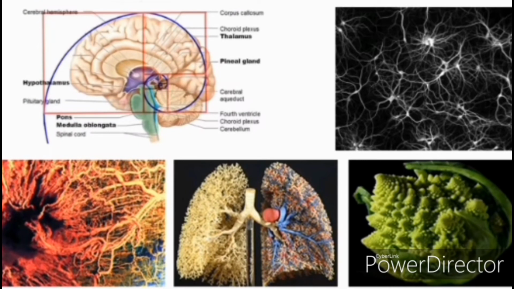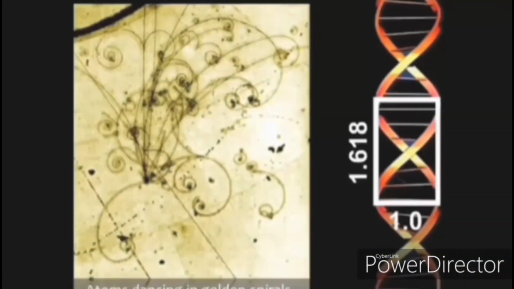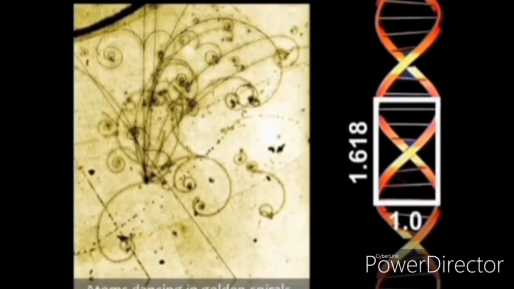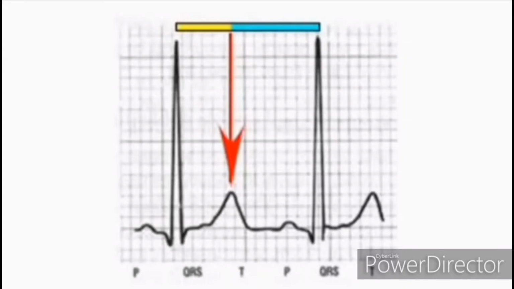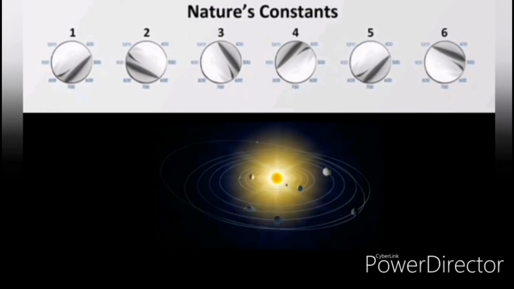Scientists have discovered that the golden ratio pattern is necessary for the human brain, the neural system, our sense organs, and our lung system. The golden ratio sequence is even in the helix of our DNA, and it forms the very rhythm of our heartbeat pattern. This is pretty amazing if you ask me.